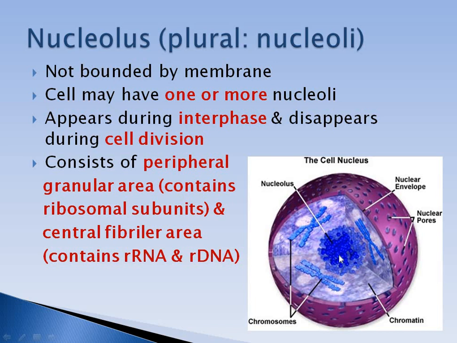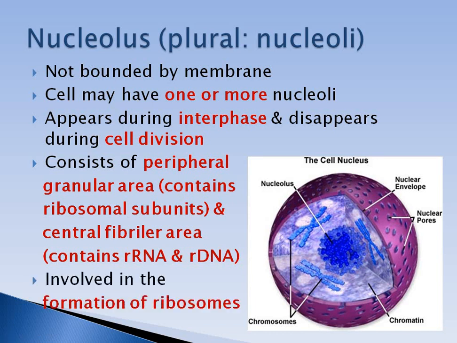Mostly these are rRNA and rDNA, or ribosomal RNA and ribosomal DNA. Ribosomal RNA makes up ribosomes, so it is part of ribosomes, and ribosomal DNA is responsible for the synthesis of that RNA which then makes up ribosomes. So the function of the nucleolus is the formation of ribosomes.